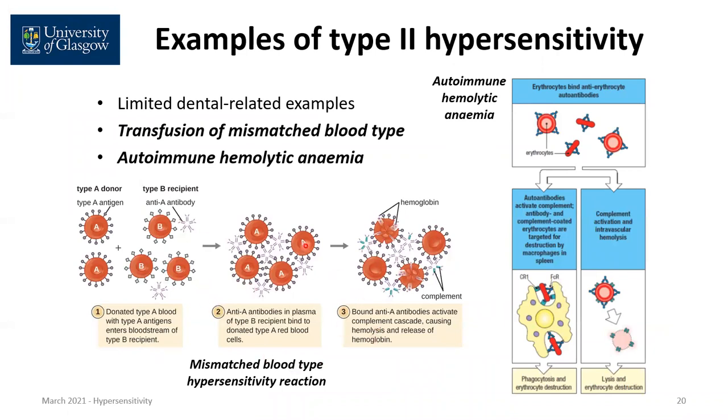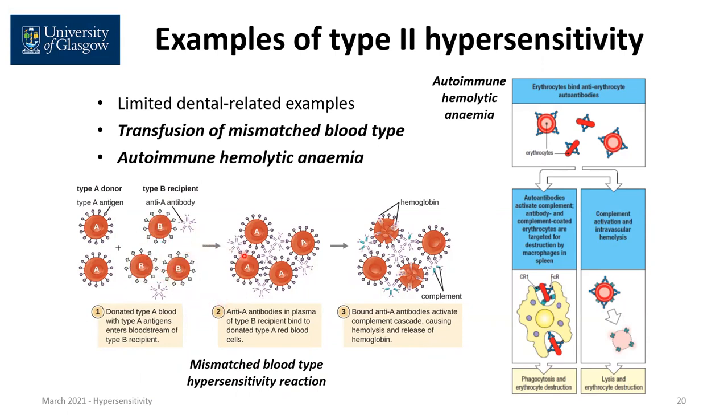In the issues with blood transfusions, this can drive this type of hypersensitivity reaction when you have a mismatching of blood types. Of course, this very, very rarely happens, but it's not unknown to have happened in the past. Basically, what happens here is you have a donor that has red blood cells that express type A antigen being given to a recipient that has type B blood cells.